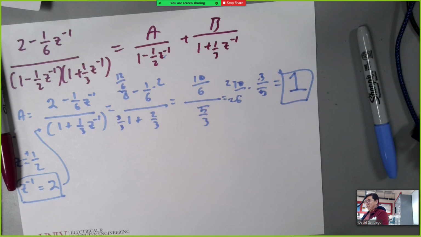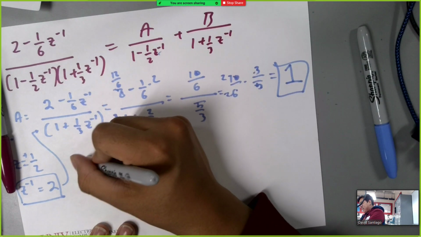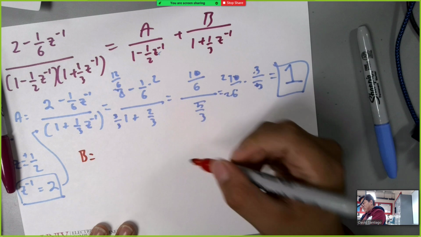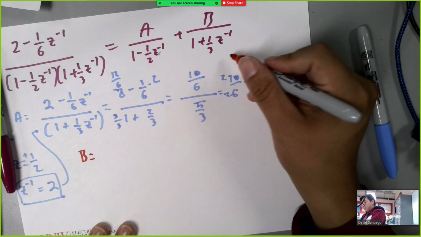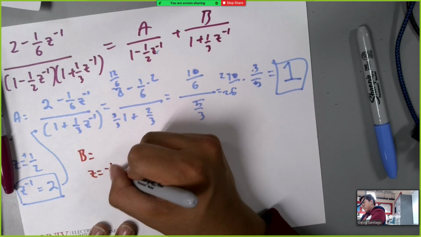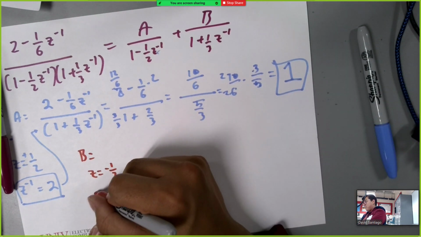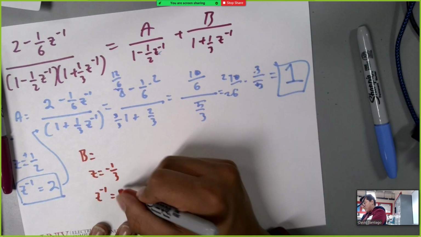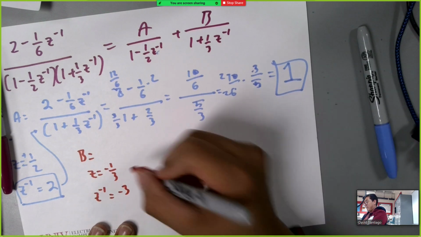That's our A coefficient. And now our B is going to equal, okay, where's our pole? Right, your pole is at minus 1 over 3, but your z to the minus 1 is going to equal minus 3. Don't forget.